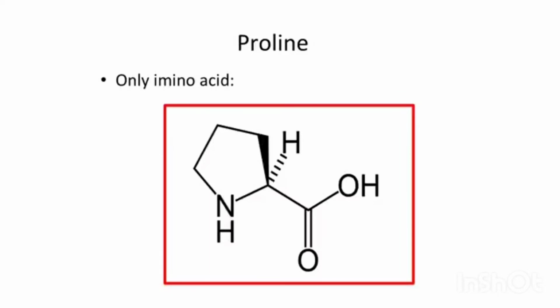Instead of an amino group we have an imino group, and that imino group is part of this cyclic structure that comes back to the backbone. This means there is a limitation around the rotation between the nitrogen and the C alpha carbon, because it's limited by participation in this cyclic structure. So proline is different, and we'll see later that proline exacts very specific limitations on the fold that the protein structure can assume.